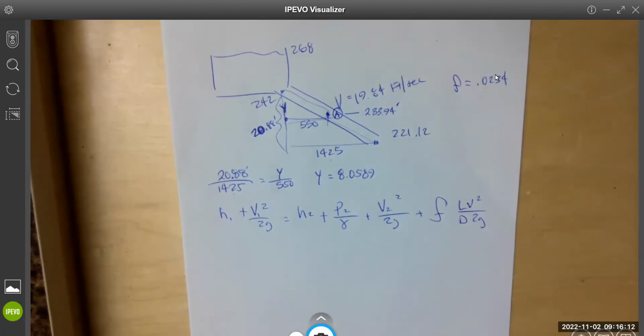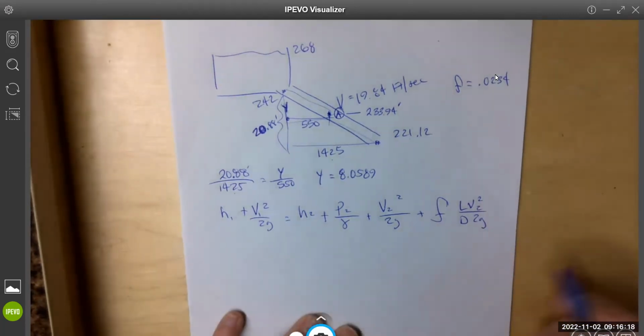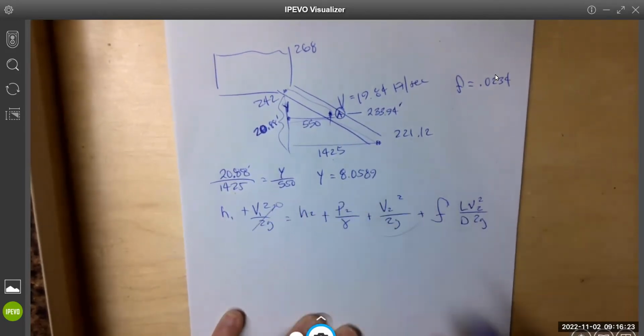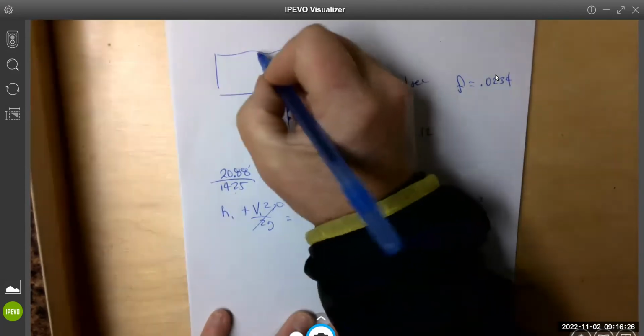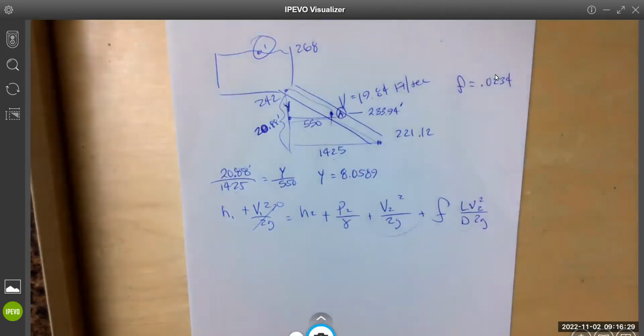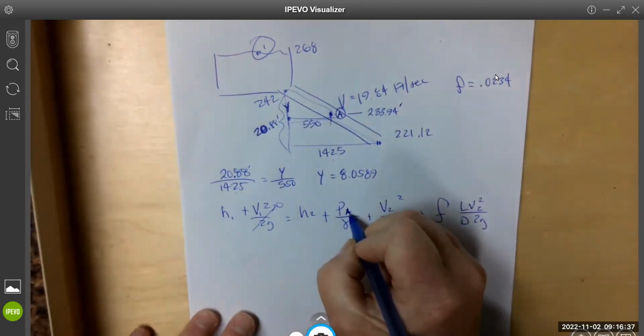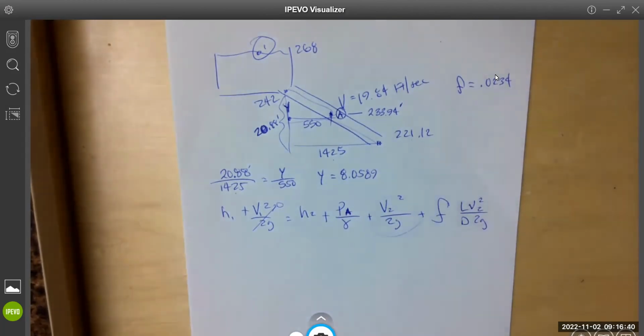And we also have that velocity too. So all of those are solvable. We know H1, we know H2, we know the starting velocity goes to 0 because that is up here at station 1. The only thing we don't know is P2. And actually, I'm going to write it as P at point A. That's what we want out of this problem. We could not do this in the beginning because we did not know the velocity and we did not know the friction factor. So we had to do that first trial and error system to get that.